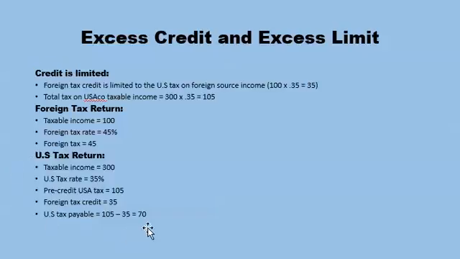This is how USA tax return will look. Taxable income is 300, US tax rate is 35%, pre-credit USA tax is 105, foreign tax credit is 35. So US tax payable would be 105 minus 35. The balance would be $70.